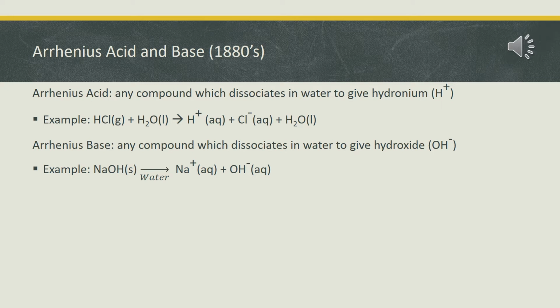And an Arrhenius base is any compound which dissociates in water to give hydroxide or OH-. If you look at those two, then H+ and OH- can combine together to make the molecule water. So basically, it's the two things that make up water. And that's how Arrhenius defined acids and bases. Off this slide, just write down Arrhenius acid and Arrhenius base.